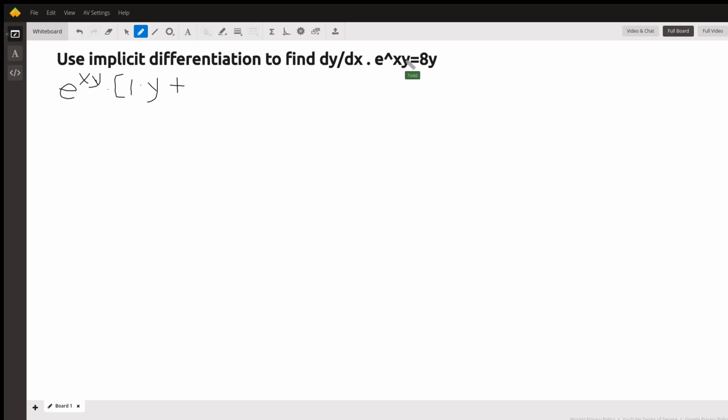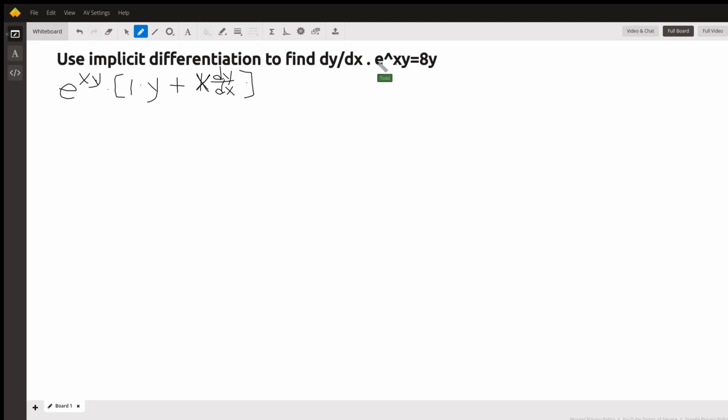The derivative of y is 1, but we have to put a dy dx after that, times the first, which is just x. It would look better if that x was in front, x dy dx.